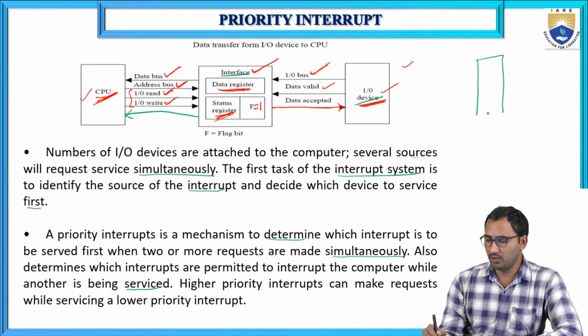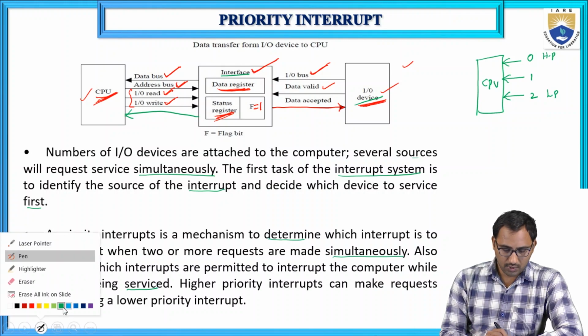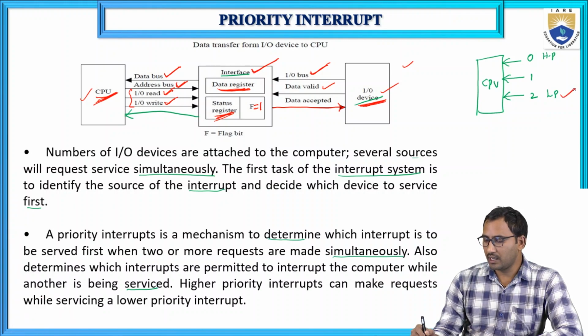See here, suppose you have a CPU and let's assume three devices are interrupting the CPU simultaneously. Let's assume 0, 1, 2. 0 is the highest priority and 2 is the lowest priority. Suppose currently the lowest priority interrupt is being serviced by the CPU, and suddenly at some point the highest priority interrupt occurs.